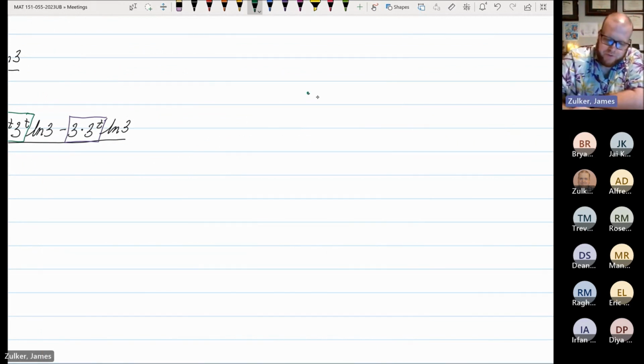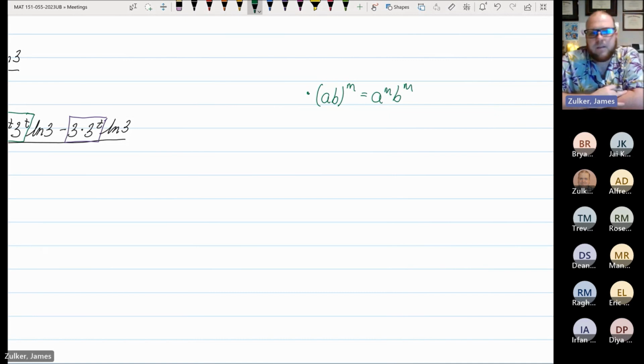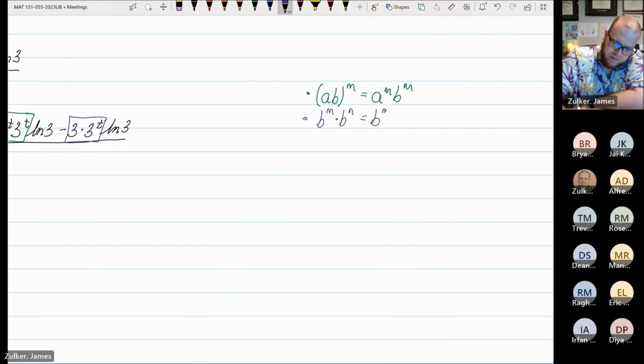First property I'm going to use, and then the second property. Remember those?